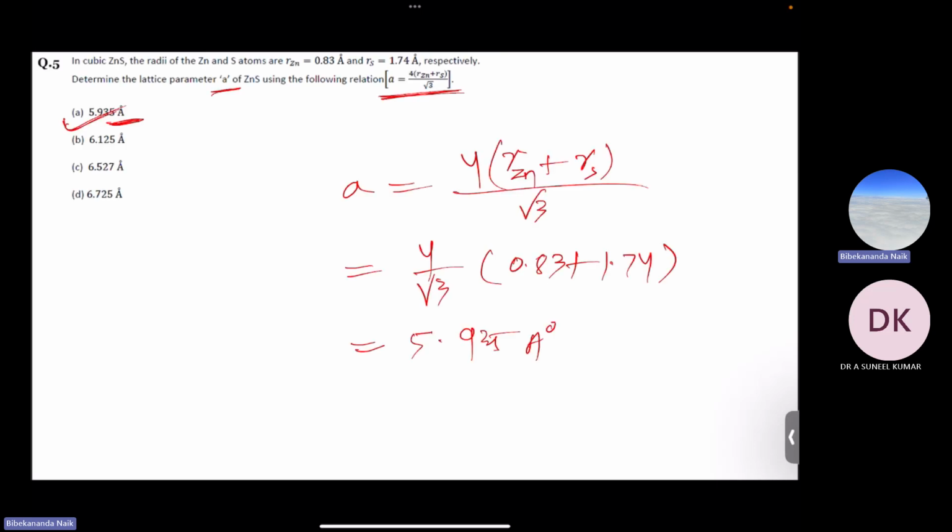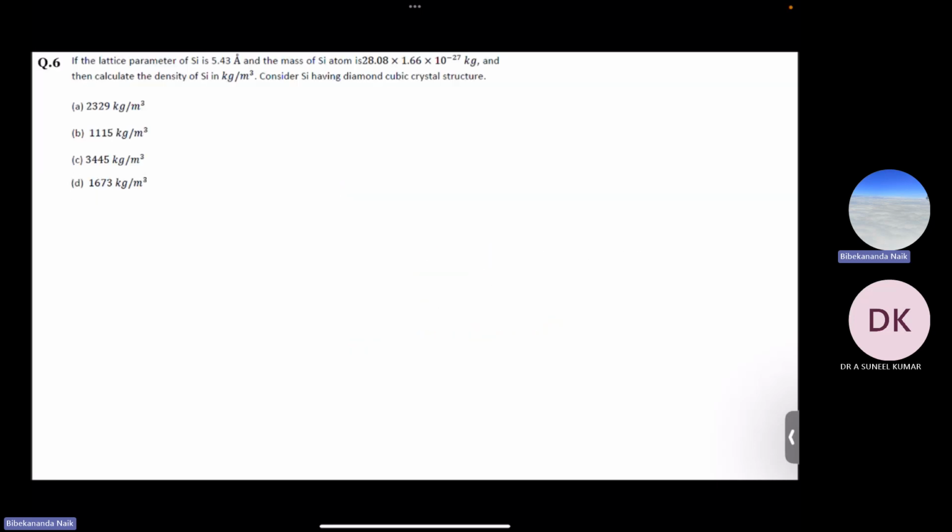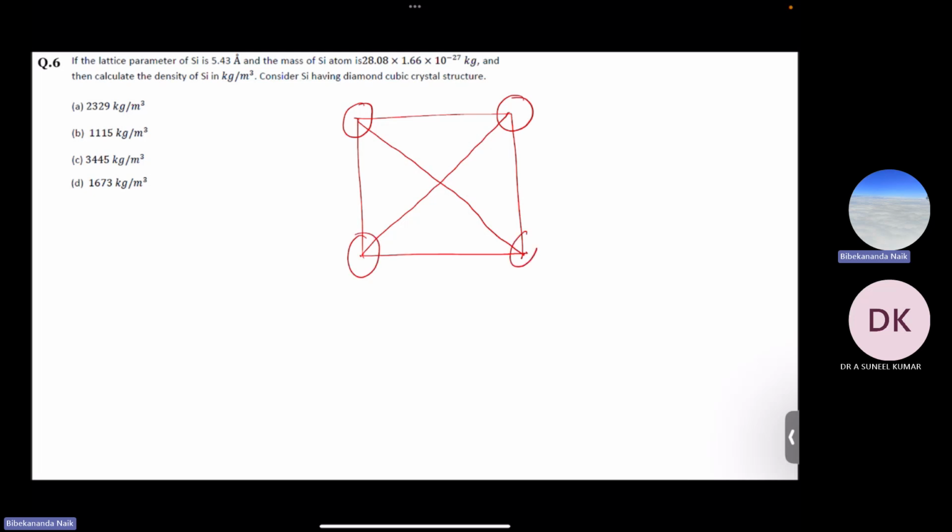Now, if you see the structures, suppose there are two face center cubic structures. Suppose this corresponds to one, and suppose this is the body diagonal. One is present here, one here, one here. Since it is a face center cubic, one will be present here because it is a face.